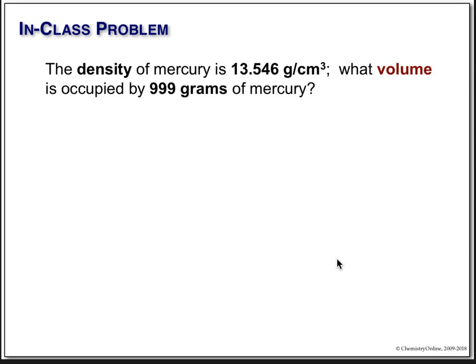All right, let's do yet another one here. Take this and just kind of work through the numbers. We are given a density. We have 999 grams. What's our volume? You can do this two ways, and we're going to do both.